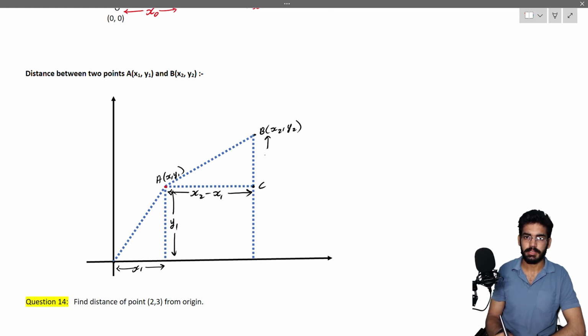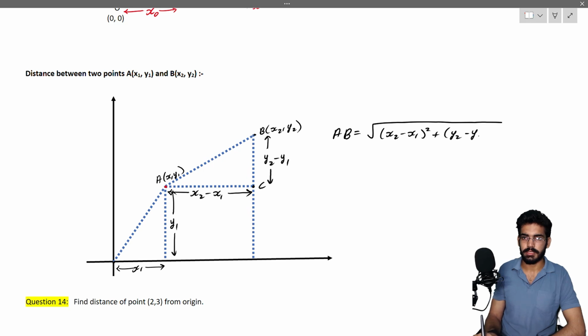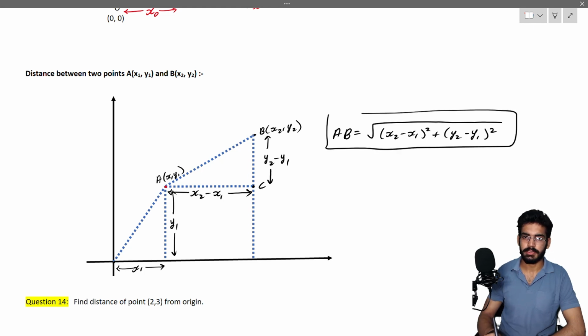BC will be y2 minus y1, right? Now if you see the triangle ABC and apply the Pythagoras theorem, you will get AB equals under root of x2 minus x1 whole square plus y2 minus y1 whole square, right? So this is your distance formula between any two points given.